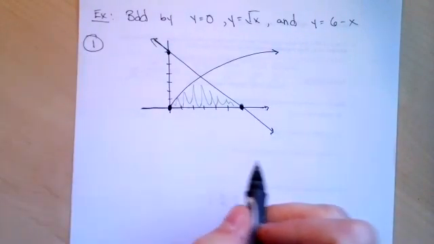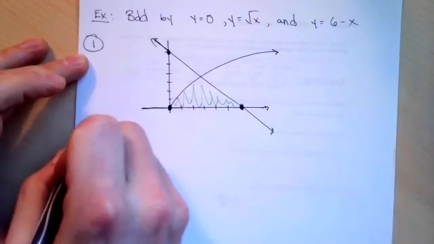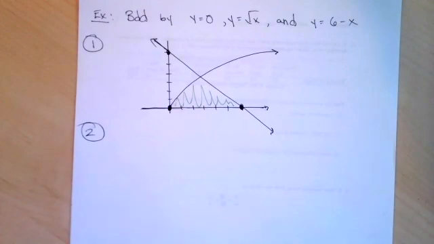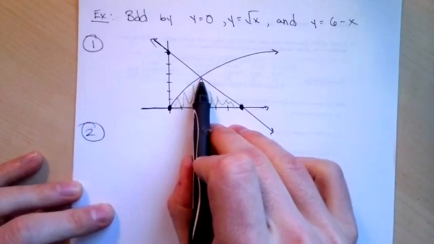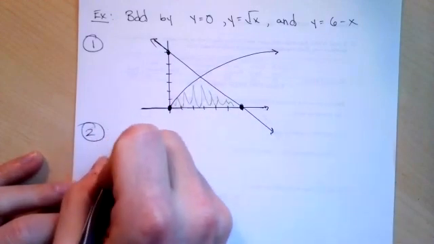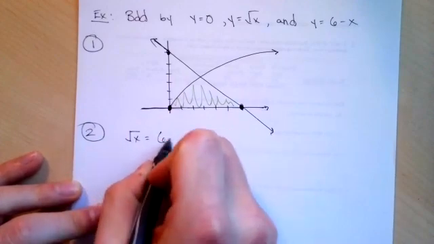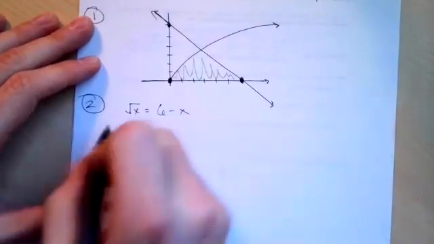Our step 2 is to find the intersection points. So let's go ahead and do that first, since that part is very algorithmic. There's nothing really to determine and figure out; it's just solving the equation. We take the equations of the curves and set them equal to each other. So we have square root of x equals 6 minus x. And then we just have to go through and do all the algebra.